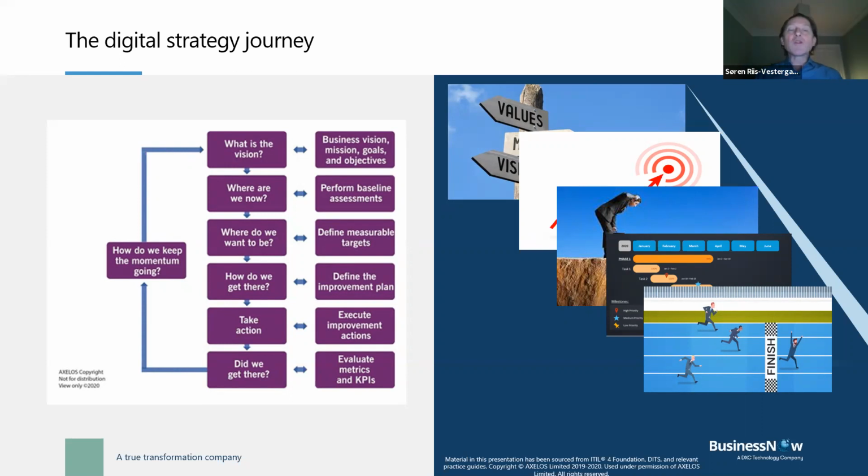So where do we want to be after this iteration has been conducted? When we know where we are now and where we want to be, we have to find out how to get there, and therefore we will define an improvement plan, and we will execute this plan and put it into practice.